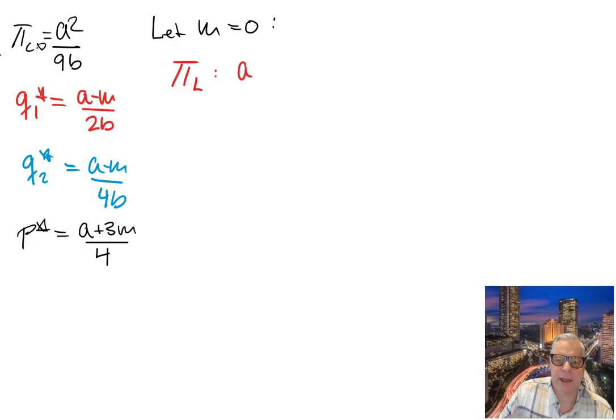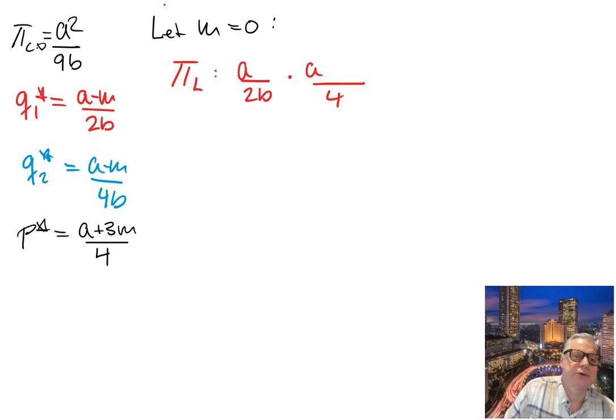So then we have A minus M over 2B times the price A plus 3M over 4. But we said, let's forget about marginal cost. So we get then A squared over 8B.